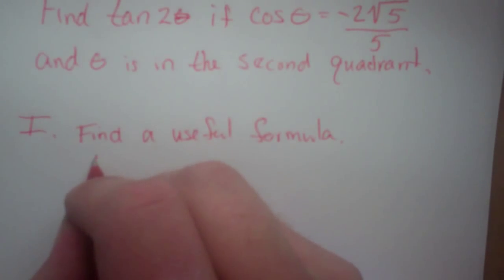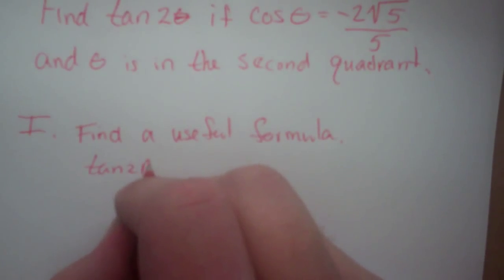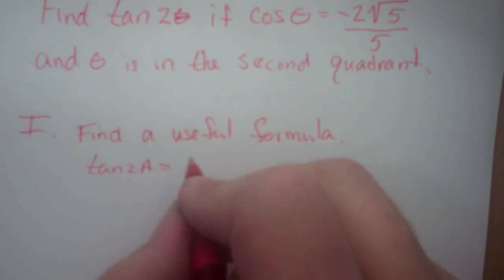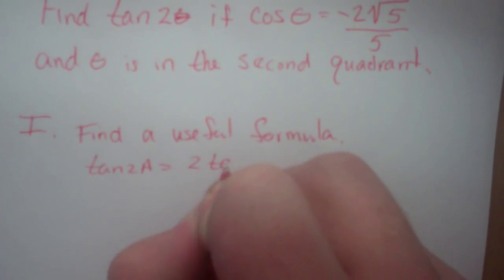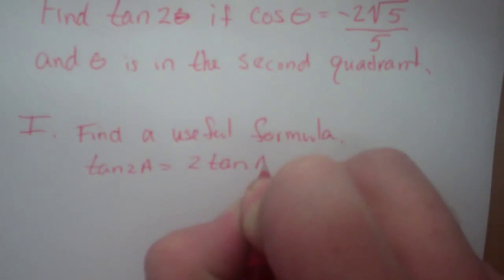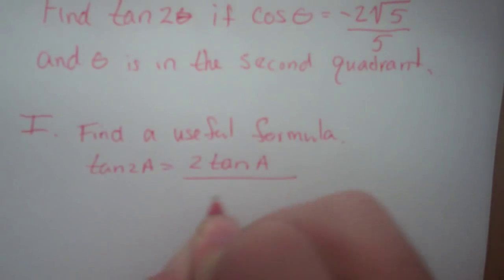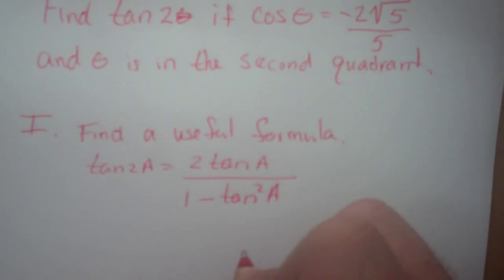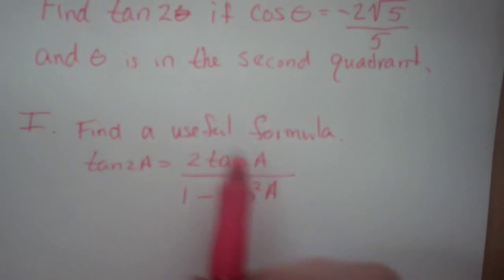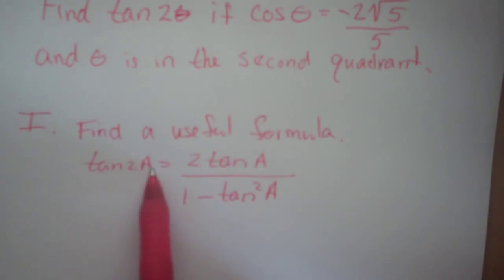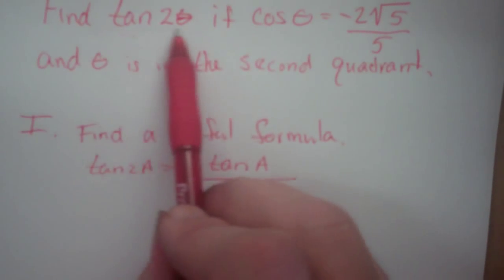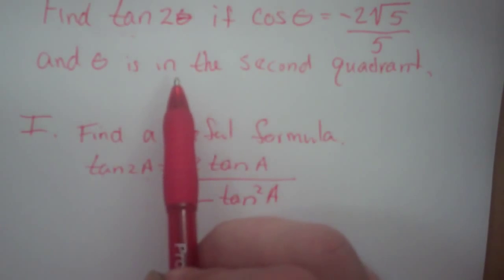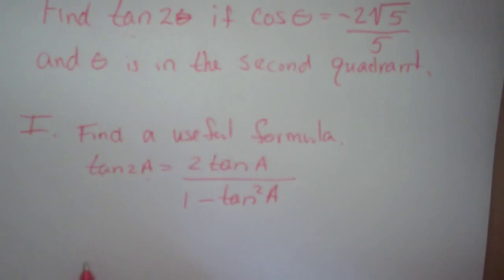Here is the formula we want to use. So we have found a useful formula. Why is it that this is a useful formula? Because you see, we want to find the tangent of 2 times an angle, and this formula involves the tangent of 2 times an angle.